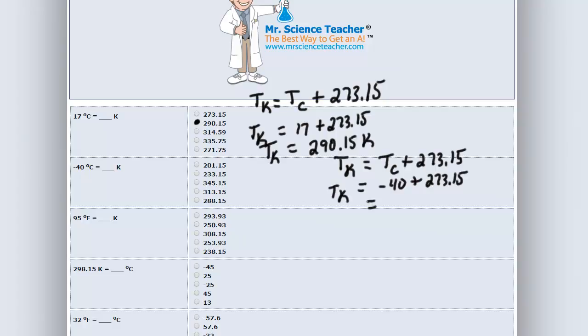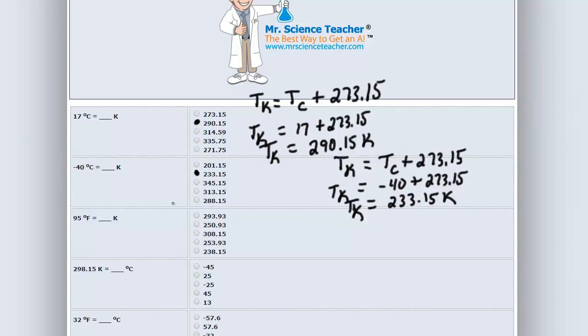That's going to be a negative 40, and then you have to add 273.15, and that gives us 233.15. And again, the units in Kelvin. That is our temperature in Kelvin, 233.15. And notice that when we solve, we just write out our definition, plug in what we know, solve. We do that every time.